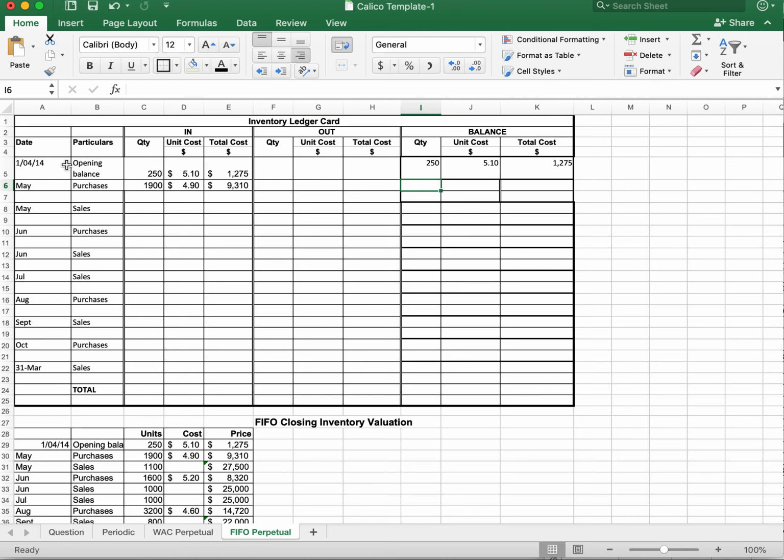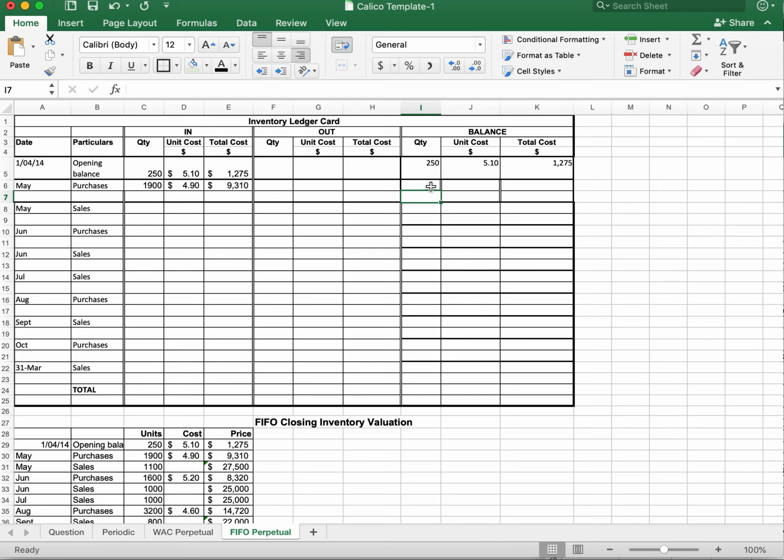So we're keeping an ongoing tally. In this section here, we want to keep a tally of the two combined, but we keep them separate.